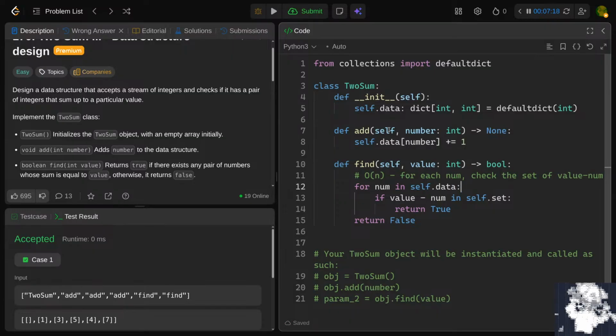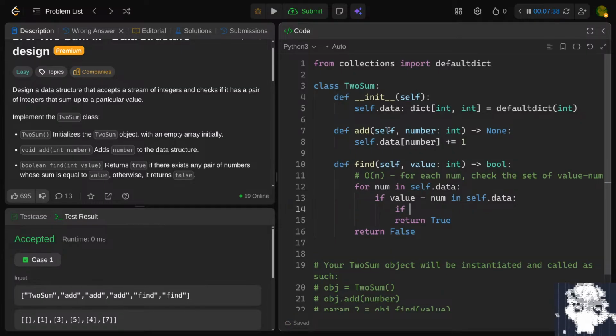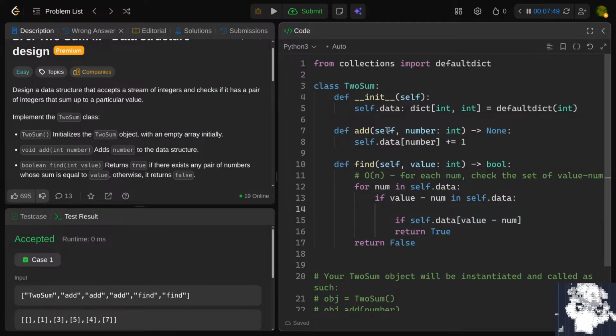For each number in data, if it is in data, then you should also check if the count is none, then you've already taken it out of the dictionary.